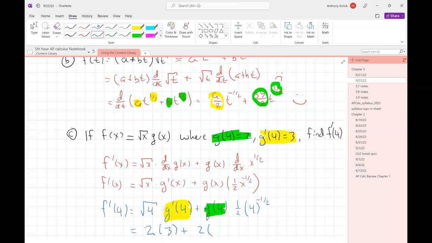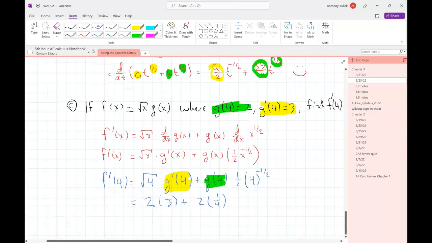And then 1/2 times 1/2 is 1/4. So that's what I'm going to put there. You could type that into your calculator, too, if you needed to.